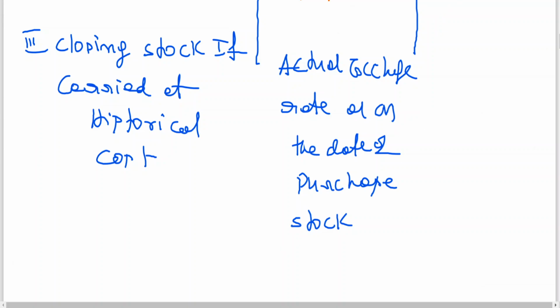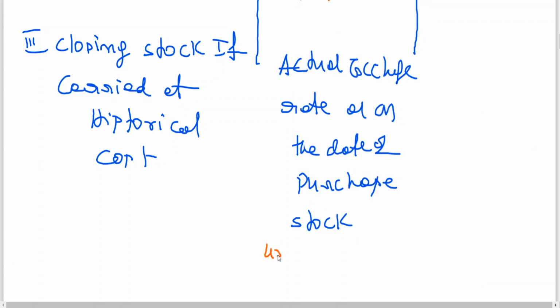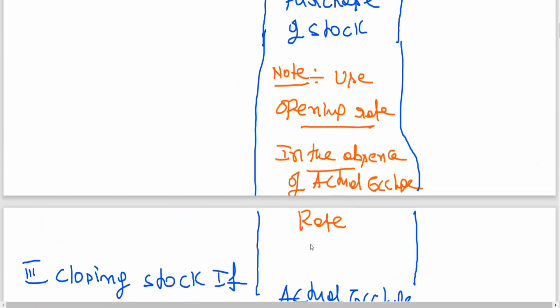Note, here if it is not given, again same, use closing rate. Here we have learned opening rate for opening stock.